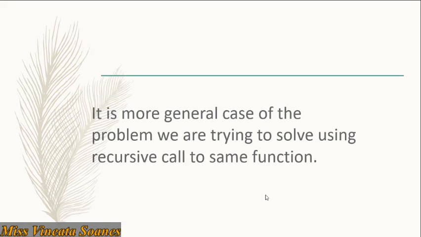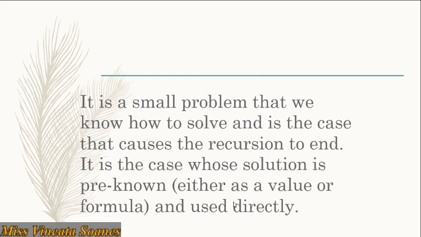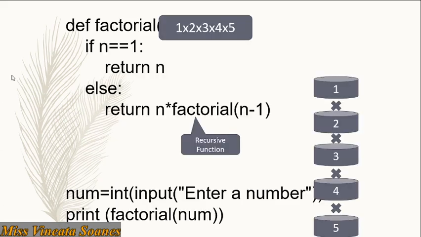Now, these are other cases that you need to remember. It is a more recursive case. It is the more general case of the problem we are trying to solve using a recursive call to the same function. But when we say base case, if you just have a look at the previous program, you can make out which one is the base case.